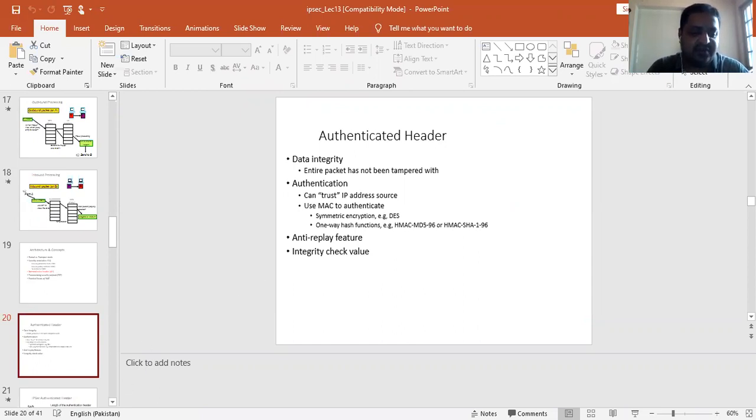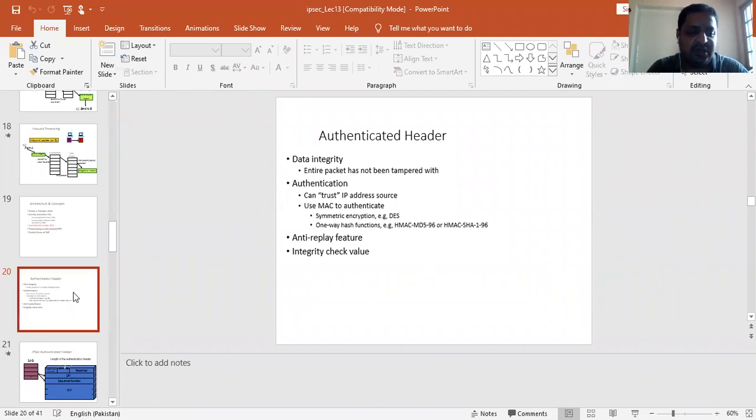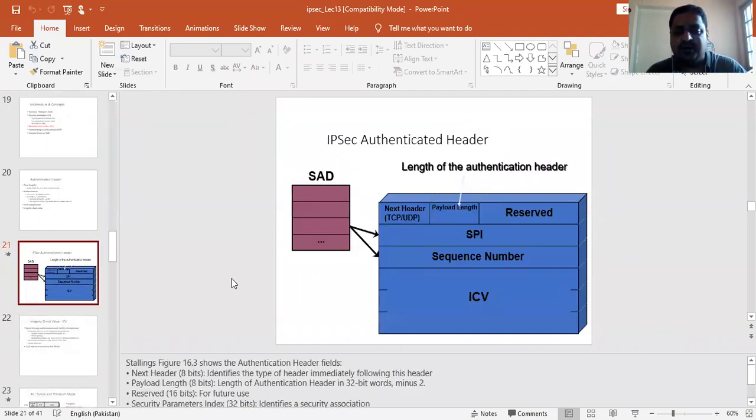Now, as we are discussing the architecture used by this protocol, this figure further explains the security association database, which contains information about different fields related to the authentication header, for example the integrity check value, which identifies if any data or packet has been modified.